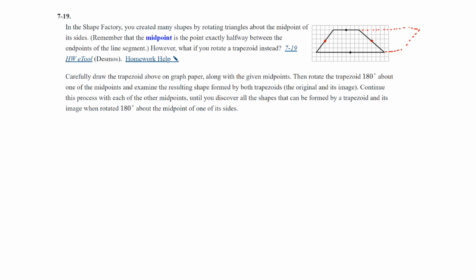If you do it from the other point, same thing's going to happen, except now you'll have it on this side and then like that. So remember, you're trying to see what that whole image brings, and that's going to be a parallelogram. So the non-base sides will create parallelograms.